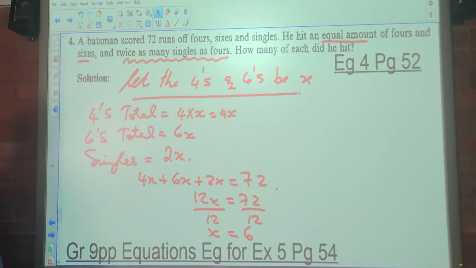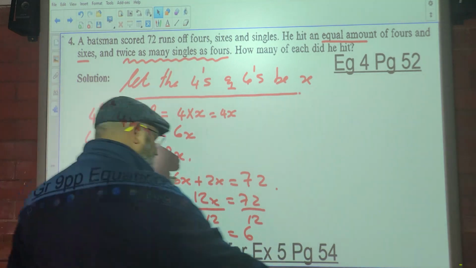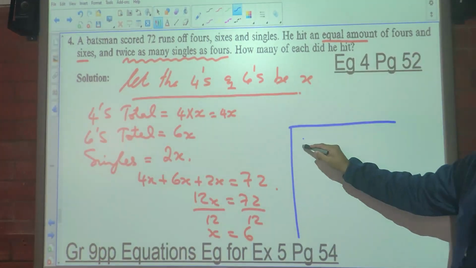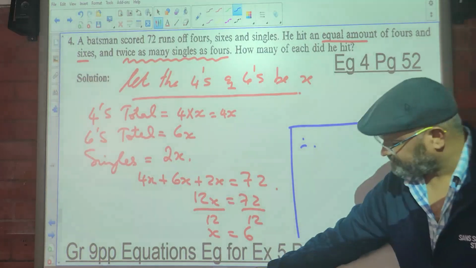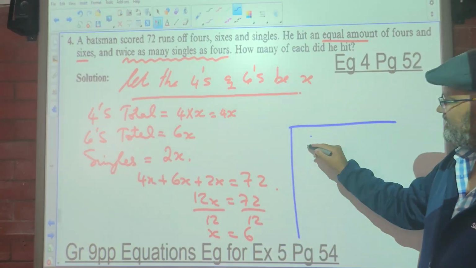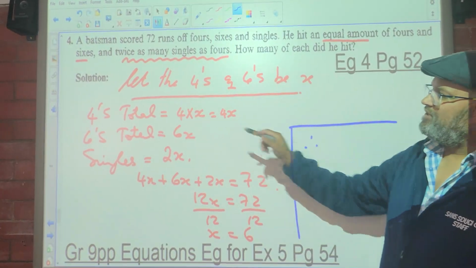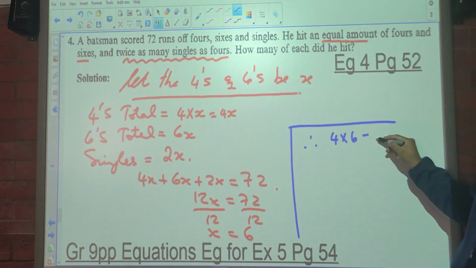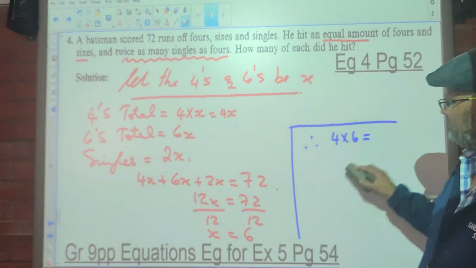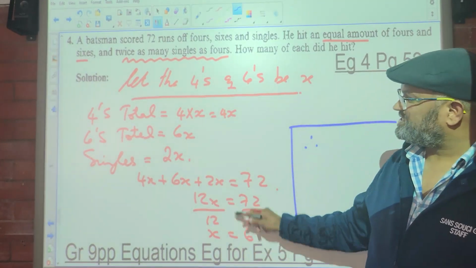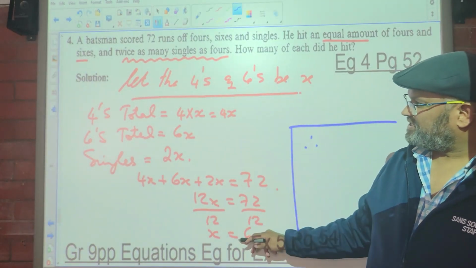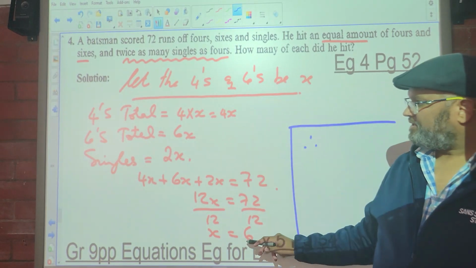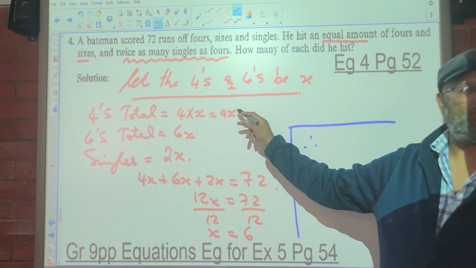So what does that mean? Therefore, how many fours did he hit? 6. How many sixes did he hit? 6 sixes and 6 fours as well.